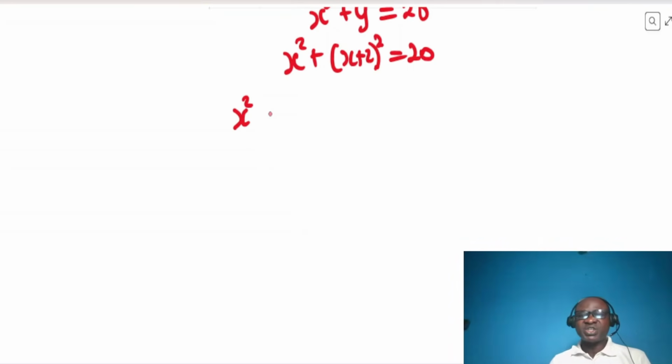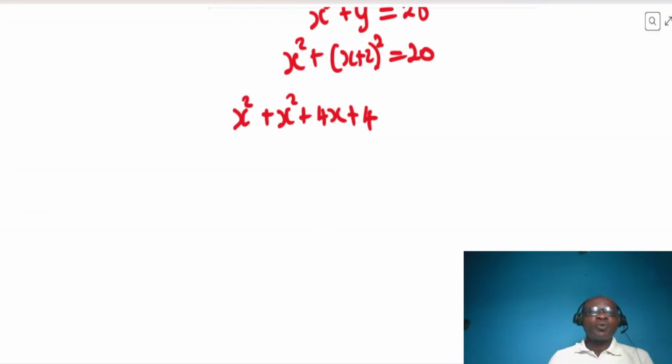If I expand this x plus 2 squared, it is going to give me x squared plus 4x plus 4. This one underlined is the expansion of this bracket. Then everything is equal to 20.